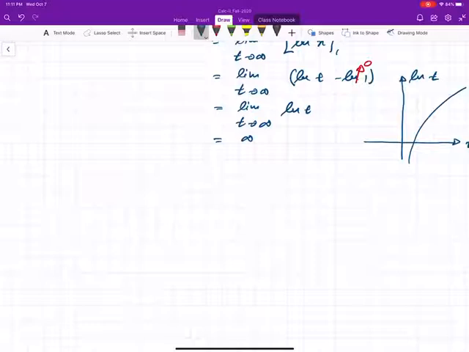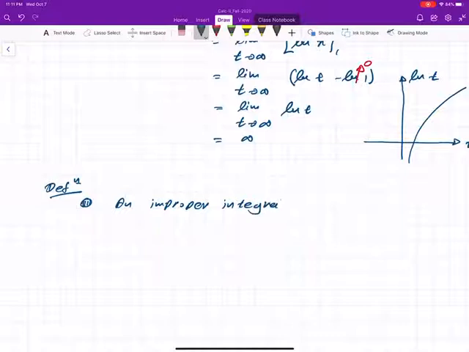The first definition: an improper integral is convergent if the limit exists.